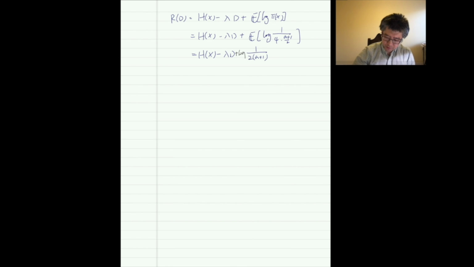Plus log of that. Okay, that will make our life much easier. So then, we know lambda is negative log a, therefore we have a plus log a times d, and then add log 1 over a plus 1, add log half.